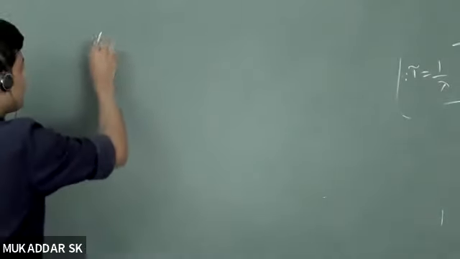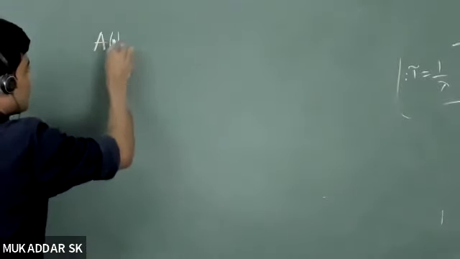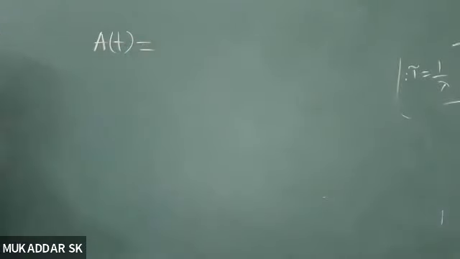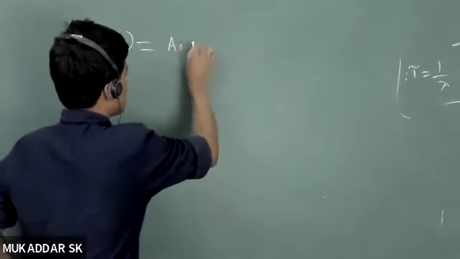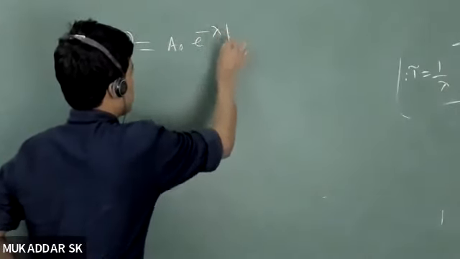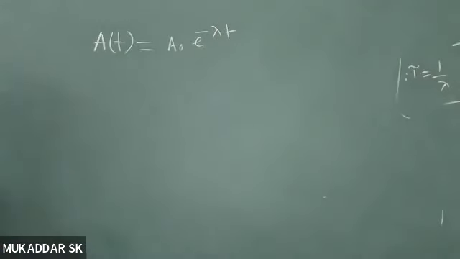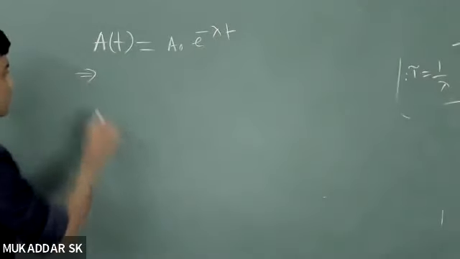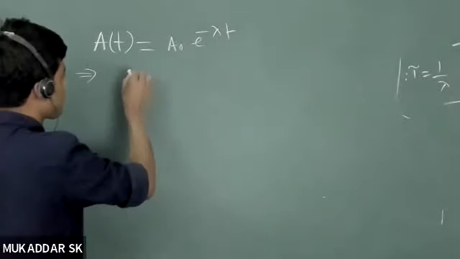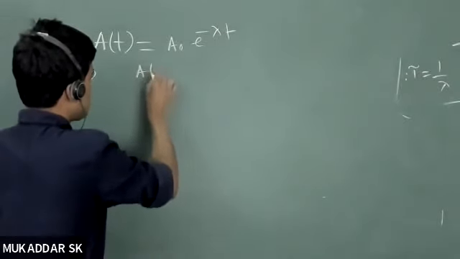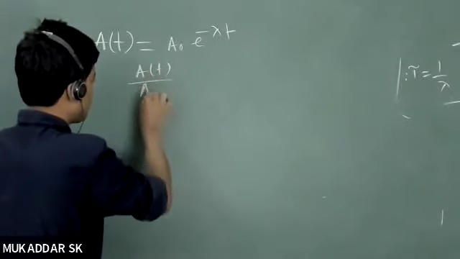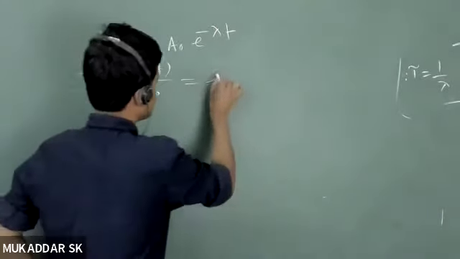As you know, the activity of a sample, if you remember we were discussing yesterday, after time t becomes A0 e to the power minus lambda t. Now this equation I can further write as A_t by A0 equals exponential minus lambda t.